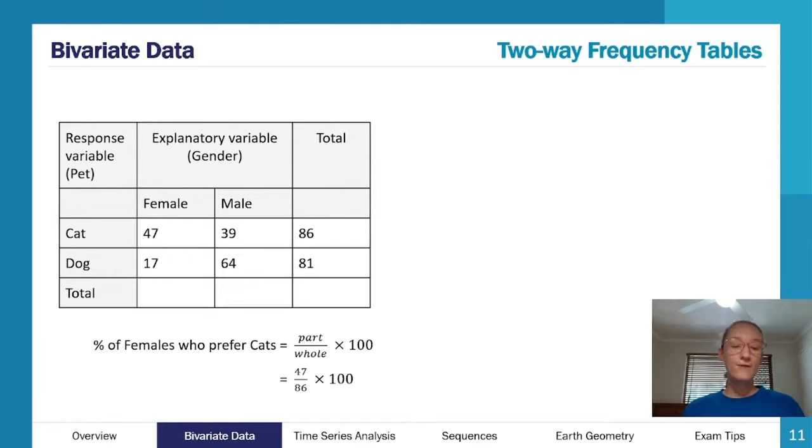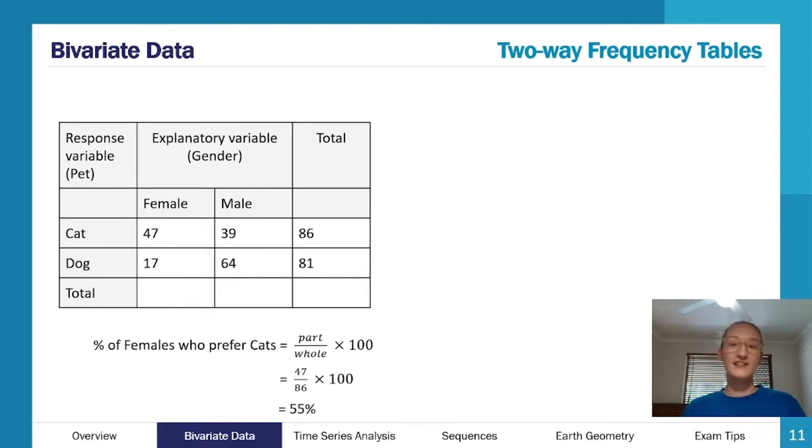So we divide 47 by 86 and we multiply it by 100. And that gives us 55%. So now when I'm talking about the 100% of people who prefer cats, I can say that 55% of the people who preferred cats were female.